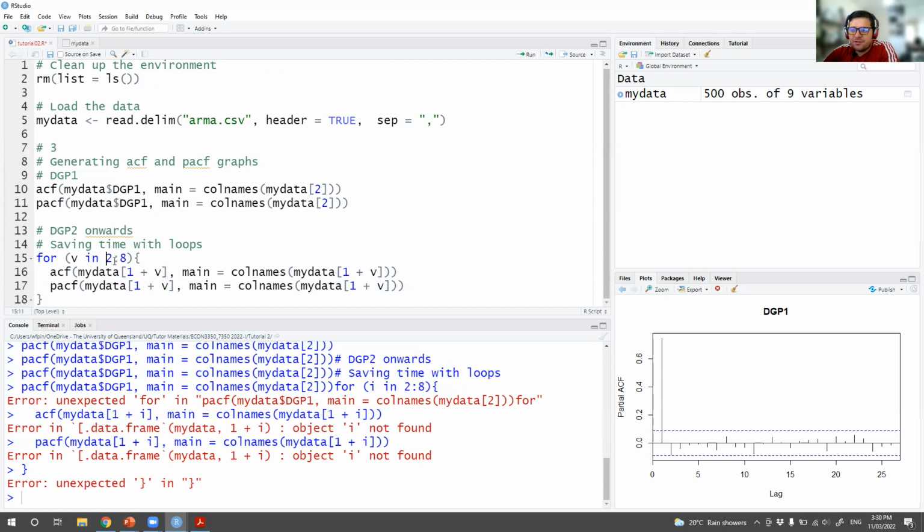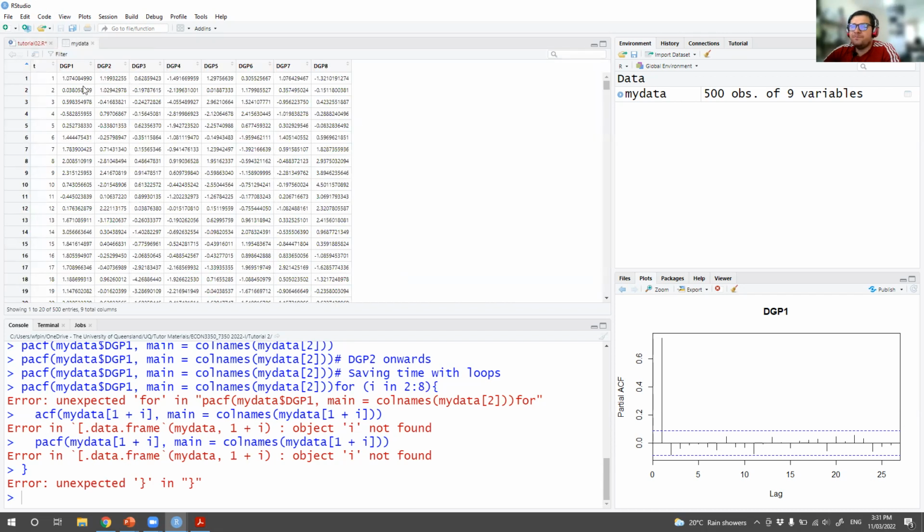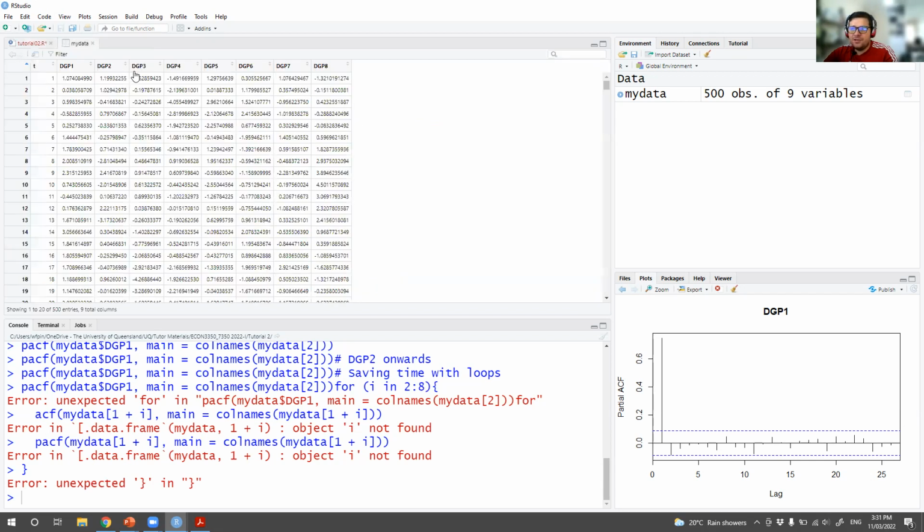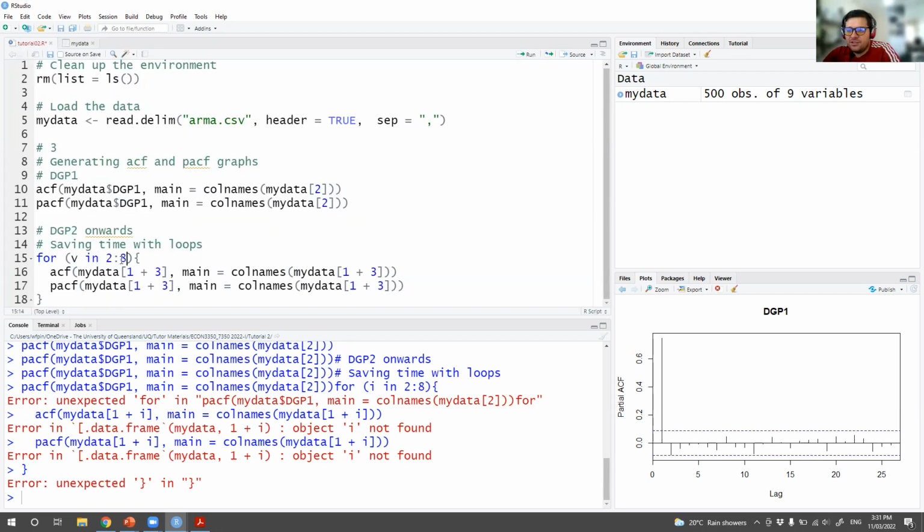So for the first run of the loop, which starts at 2, all of these v's will be replaced by 2's. So we'll have the ACF of the third column of my data, which is DGP2, using the name of the column, DGP2. And same for the PACF. At the second run of the loop, all of these are going to turn into 3's. So now we are going to check on DGP3 and so on until DGP8.